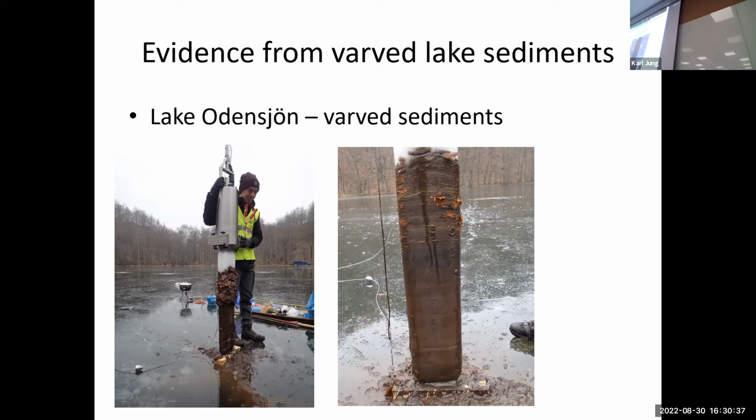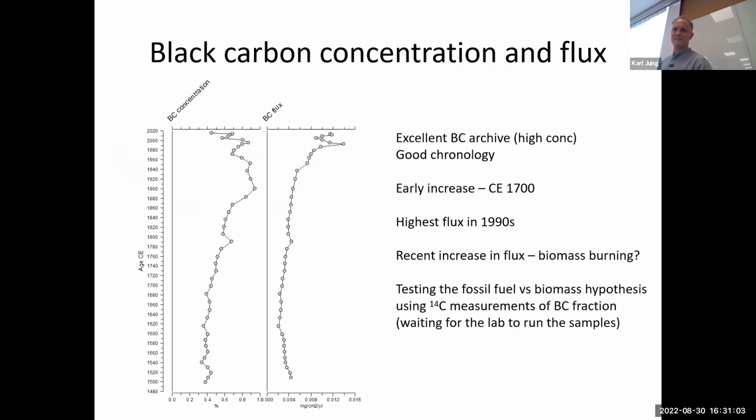We took a freeze corer, where you use dry ice to freeze all the sediments onto a wedge and can get up a completely undisturbed sediment sequence. And after it was cleaned, it looked like this, with annual laminations. So a very good time control. And this also turns out to be a very good archive for black carbon.